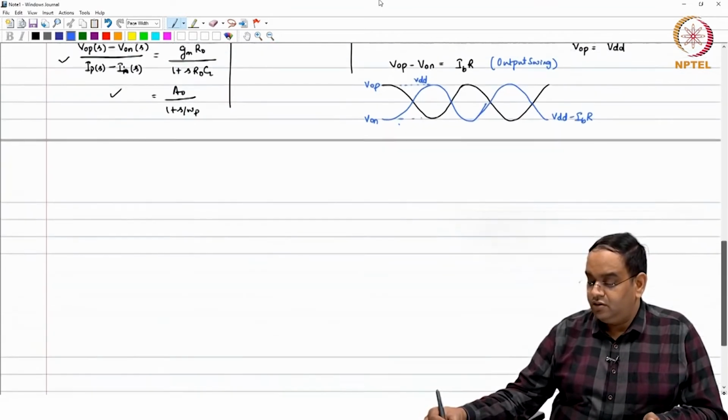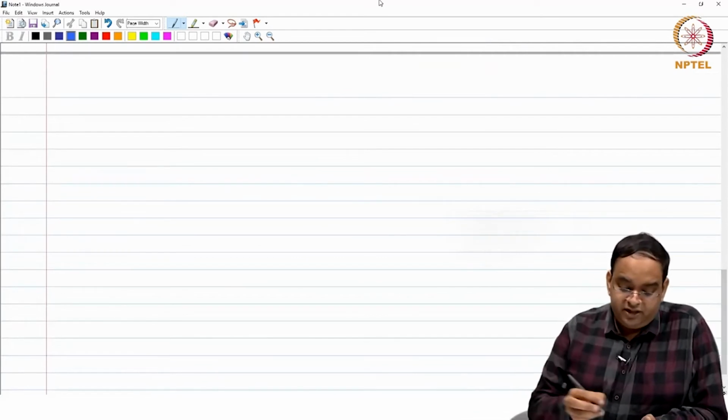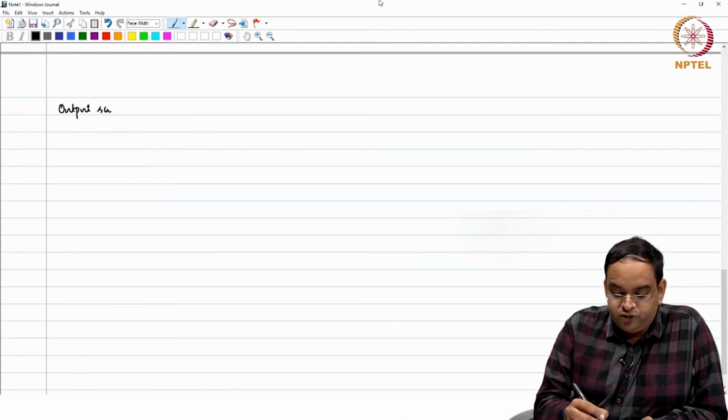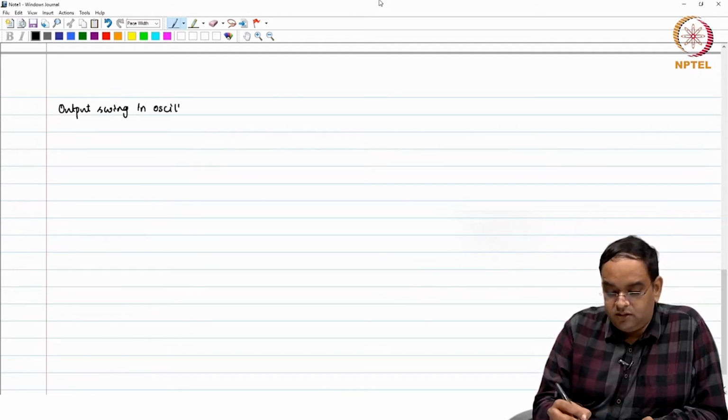So, now what we have done is, I can write the output swing in our oscillator like this: V swing is equal to IB times R.